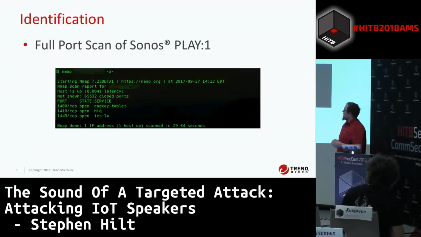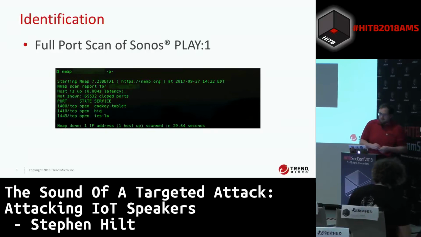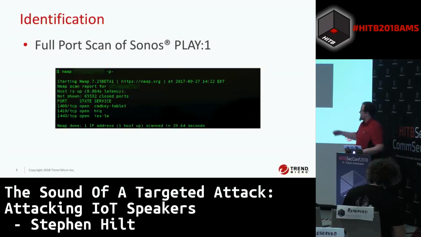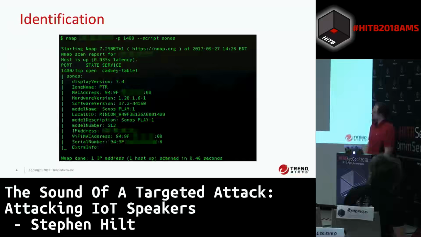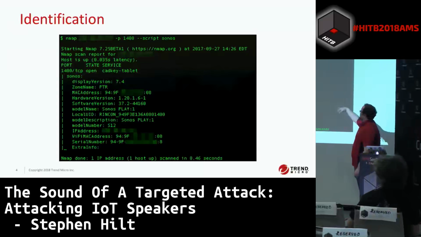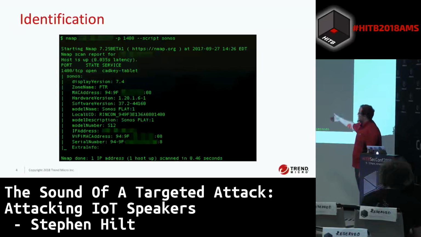I noticed some quick things there, ports 1400, 1410, 1433. I'm a researcher, so the first thing I do is actually Google things. So I started seeing if there was anything out there that existed previously for Sonos, and somebody had already written an Nmap script. Once you download the Nmap script and run it, you get all this information.